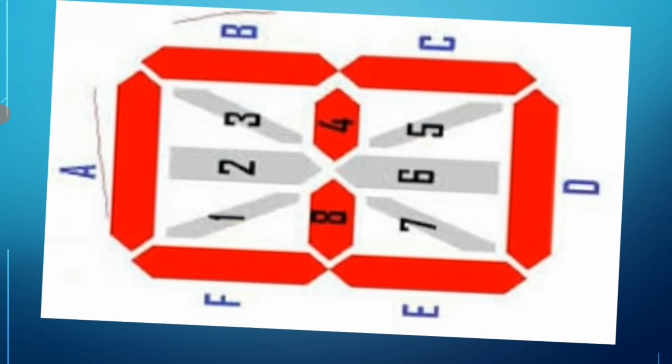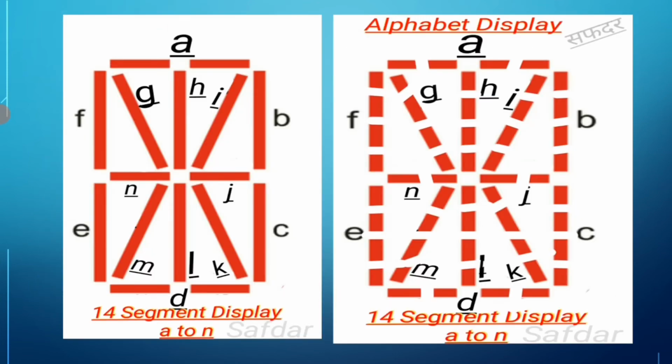This type of 14 segment display is available in the market, where only one LED per segment is available. Here the same is shown on the left hand side, but the right one is what we actually constructed and used.